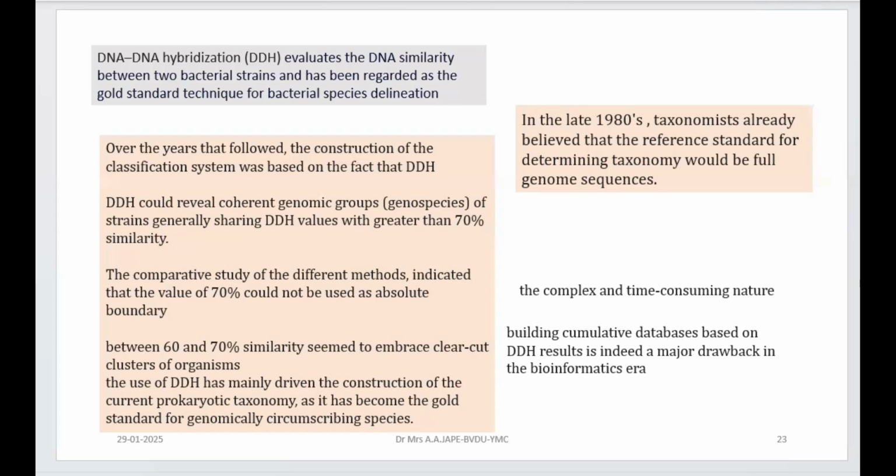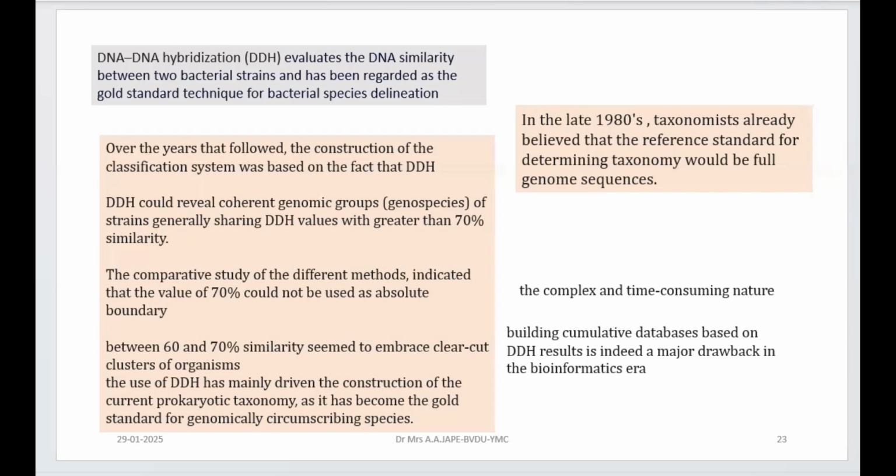Yeah. So is DDH absolute? No, of course not, because even with 60 to 70% similarity, organisms can be clearly divided into different taxonomic groups or genus level classification can be achieved. So DNA hybridization, yes, it has its own place, but needs to be complemented with some additional methods, right?